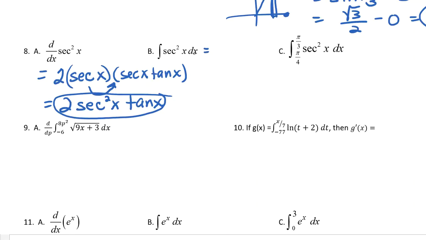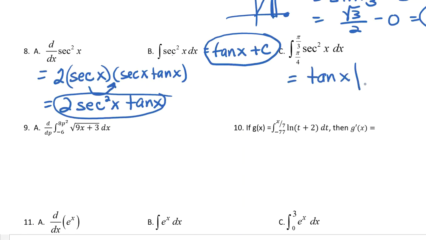And here, antiderivative, we're saying secant squared is the derivative of what? It is already the derivative of tangent of x plus a constant of integration. So here, when we evaluate, we'll have tangent of x evaluated from pi over 4 to pi over 3. So the tangent of pi over 3 minus the tangent of pi over 4.